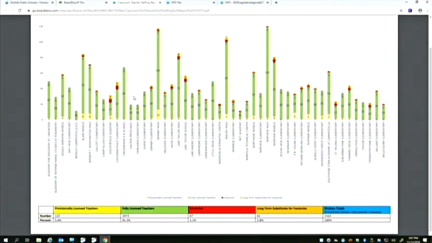And then along the bottom, just to look at our legend, what it tells you is that on October the 29th, 5.6% of our teachers were provisionally licensed. 91.3% of them are fully licensed. There were 67 actual classroom teacher vacancies, 61 long-term substitutes in for vacancies, representing again 100% of our classroom teacher population.